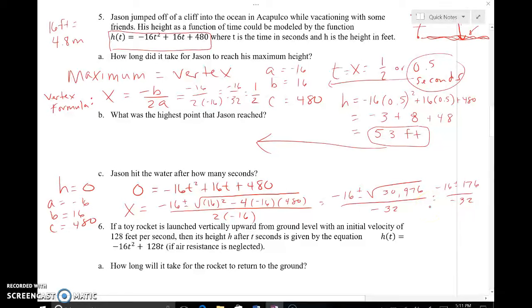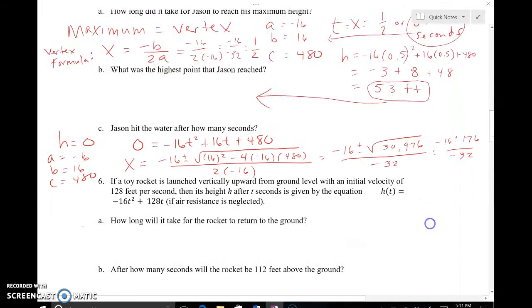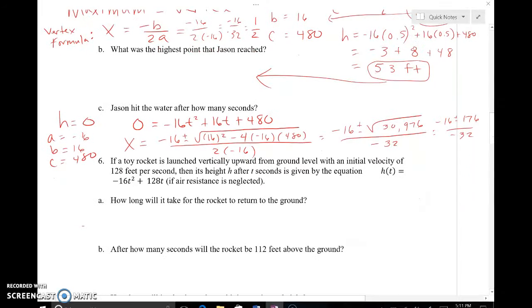And now I could split into my two scenarios in order to make sure that I have two answers for my quadratic. So I've got negative 16 plus 176 over negative 32, and I've got negative 16 minus 176 over negative 32. Now I'm going to simplify.